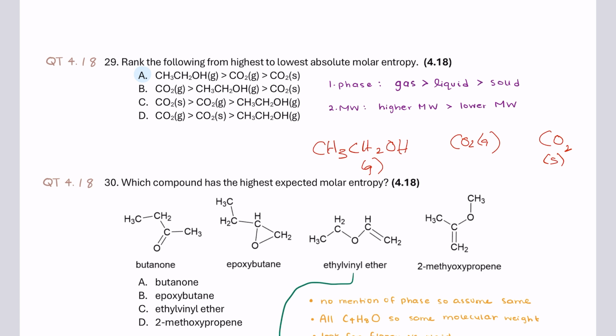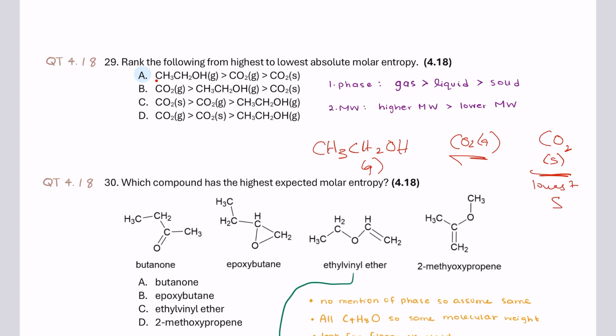So if we put this together, carbon dioxide in its solid form is going to have the lowest entropy. Next is going to be carbon dioxide as a gas. It's still a gas, but it's more simple than ethanol. Ethanol has the highest entropy because it's a gas and it's the largest, most complex molecule of the three.